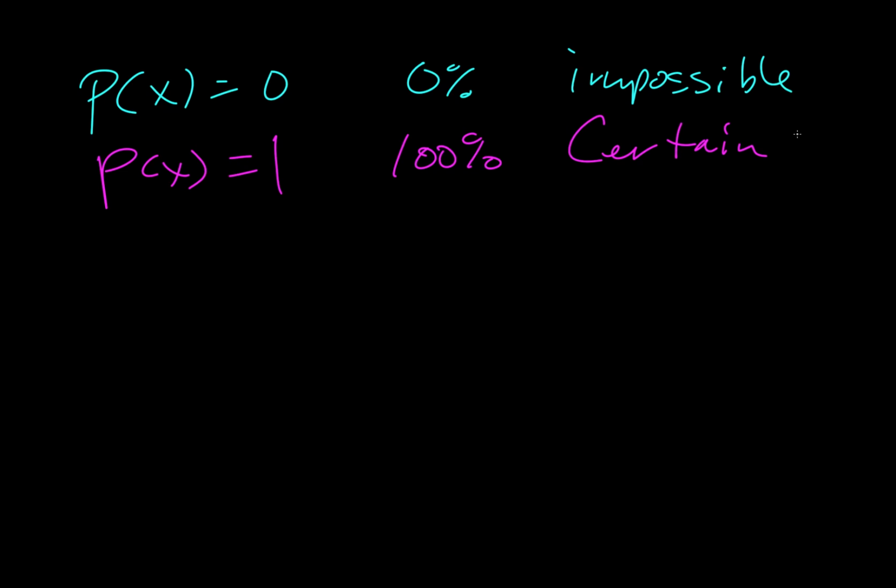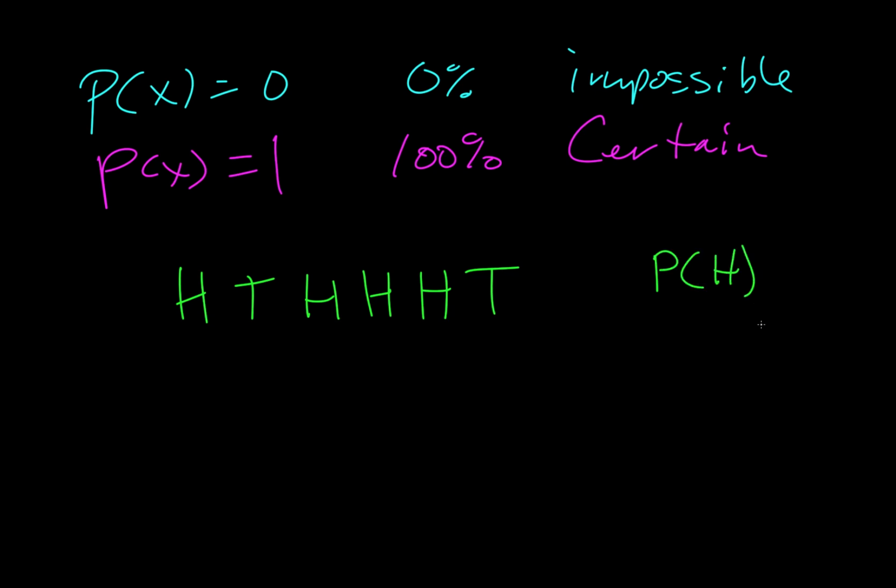Essentially all it is, you take the number of, so flipping a coin, let's say we flipped a coin, we got heads, tails, heads, heads, heads, tails. So if that was our outcome, and let's say we're looking at probability of heads.